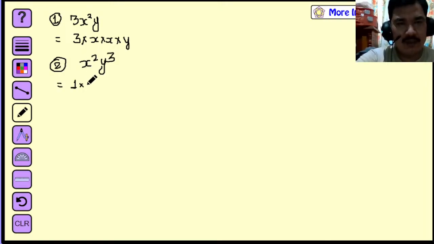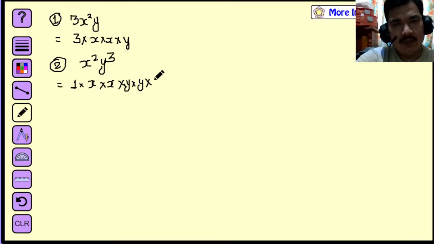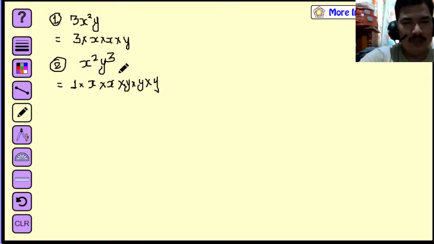Now numerical coefficient we can tell. And this x square means we have to write x multiplied by x, then multiplied by y cube, which means y multiplied by y, multiplied by y. Like this we show the factorization of this monomial.